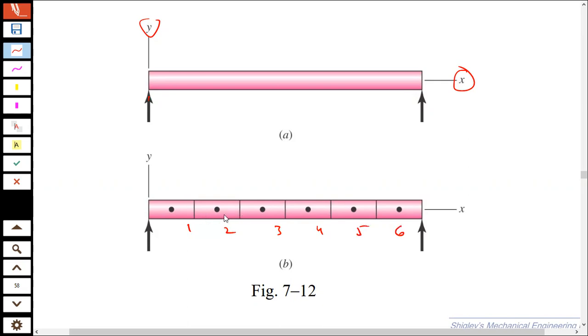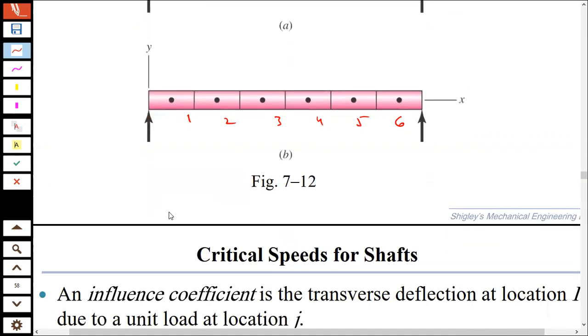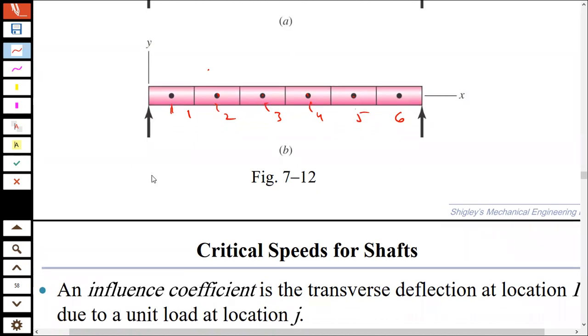For example, these partitions, and we will assume that the mass of these partitions is over here for the first one, over here for the second one, third one, fourth one, fifth one, and sixth one. So we will say that this weight Wi is acting over here, which is W1, W2, W3, W4, 5, and 6.